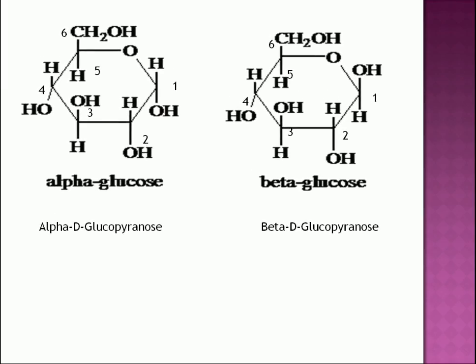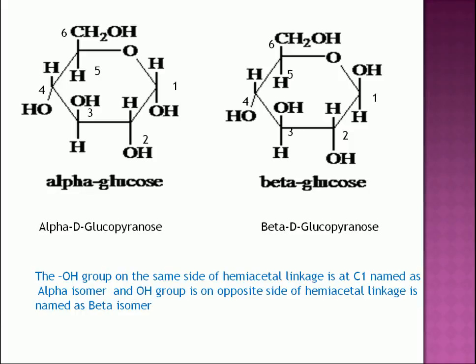When analyzing the ring structures, you observe that the OH group at the bottom on the first carbon indicates alpha-D-glucopyranose. If the OH group on the first carbon is projected upward, it is named beta-D-glucopyranose.